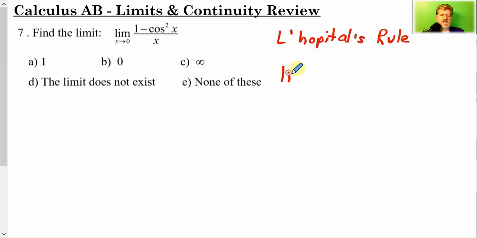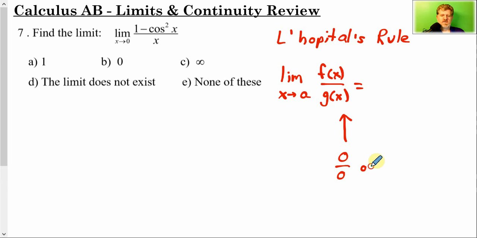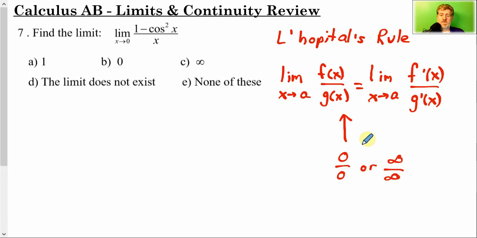If I have a limit as x approaches some number, doesn't even matter what, of two functions that are being divided, as long as you get the form 0 divided by 0 or infinity divided by infinity, this is true. Their derivatives have the same limit.